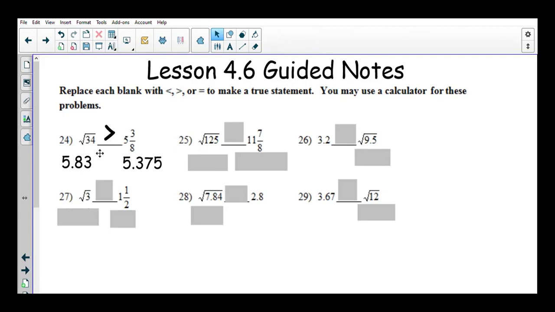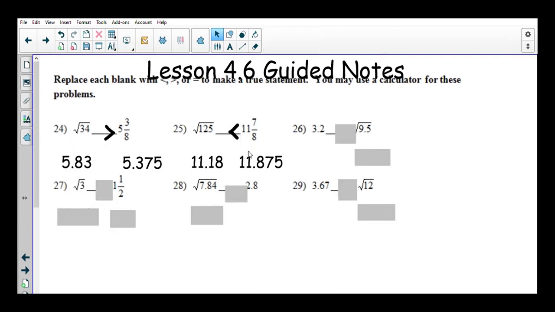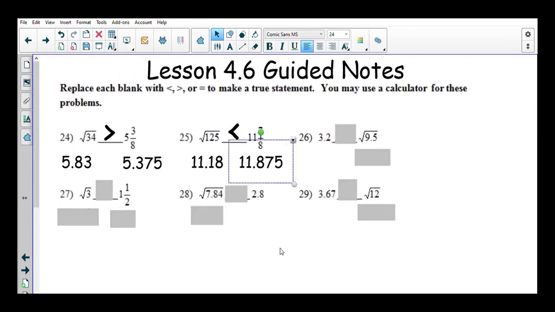Number 25, the square root of 125, I did in my calculator and got about 11.18. For 11 7/8, I did 7 divided by 8 to get 0.875, although I actually have the eighths memorized, so that makes life a little bit easier. But 7/8 is 0.875, so this will be 11.875, which means that the square root of 125 is less than 11 7/8.